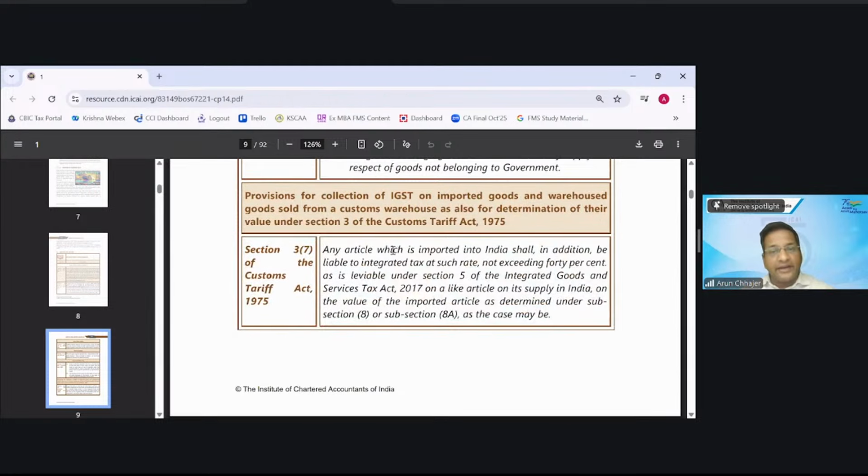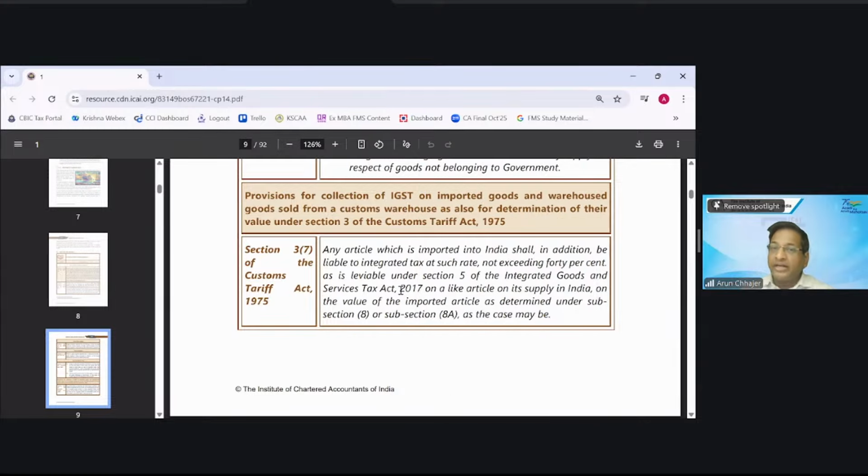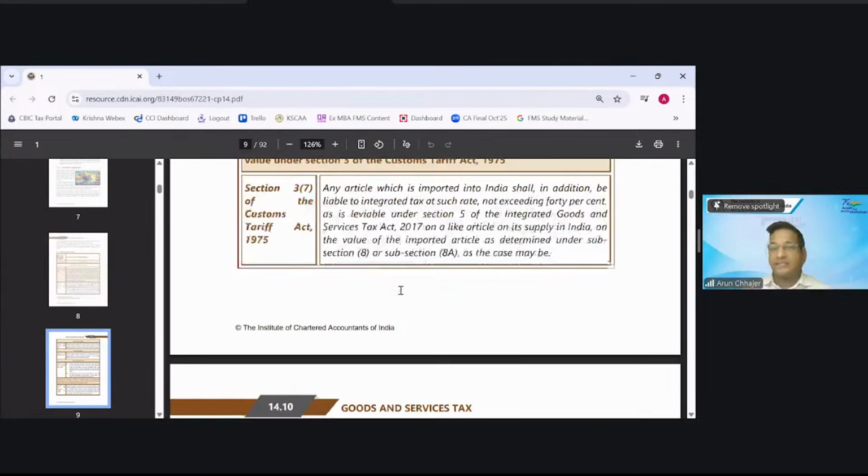It says that an article which is imported into India shall in addition be liable to the integrated tax at such rate not exceeding 40% as leviable under Section 5 on a like article on its supply in India, on the value of imported article as determined in subsection 8 and subsection 8A.